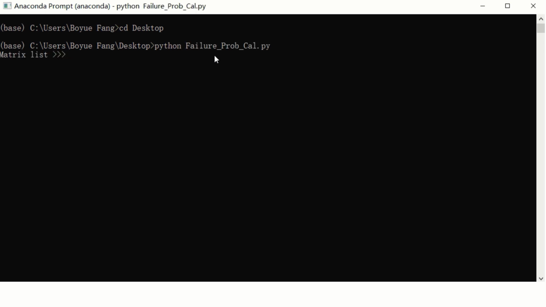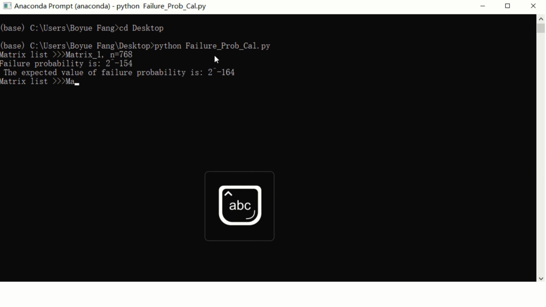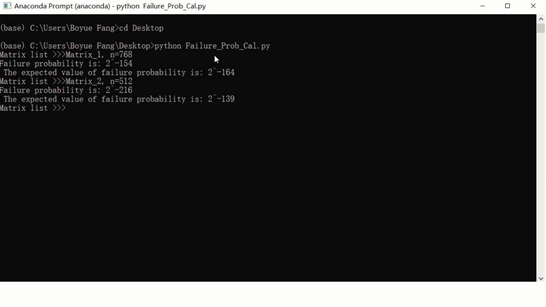The person in charge randomly generates 1,000 matrices. Then, he tests the failure probability corresponding to the first 3 matrices. At this time, the script will display the expected value at the same time.